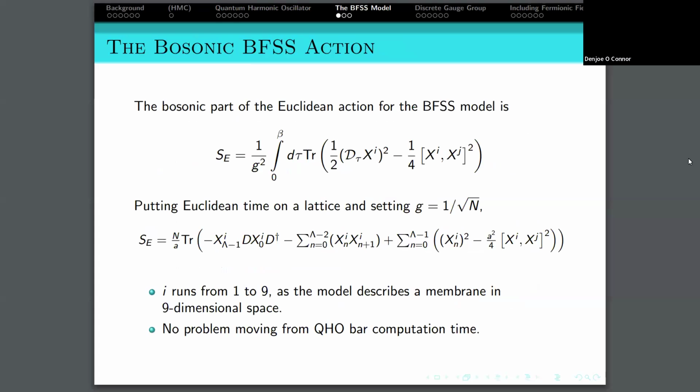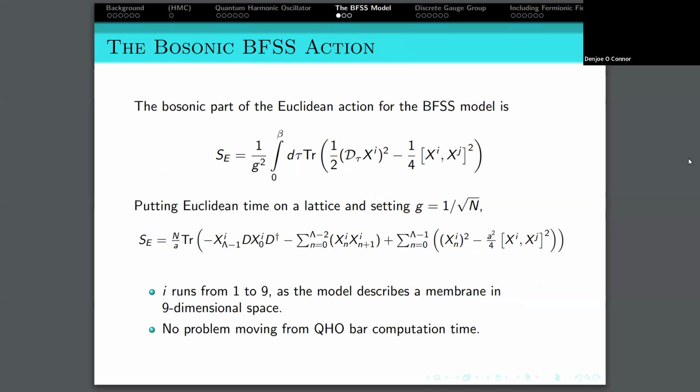So pretty much now we just transition into this bosonic BFSS action. It's pretty simple theoretically to transition from this gauged quantum harmonic oscillator into this BFSS model. The only difference here is in the potential. And this is just a Euclidean action.